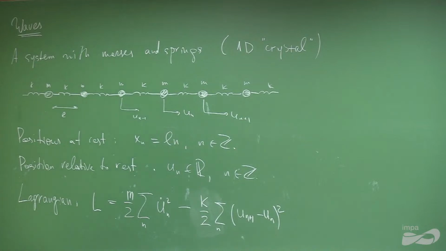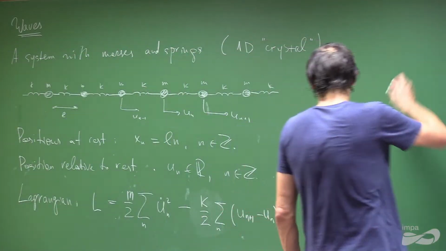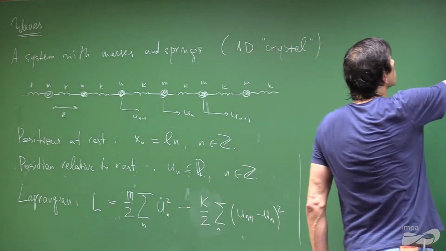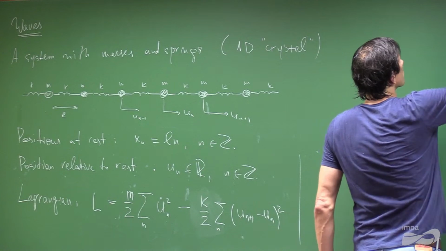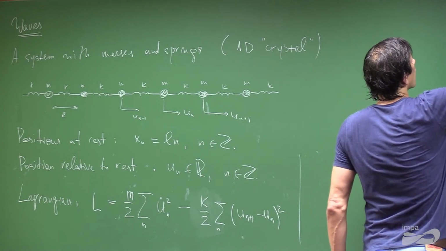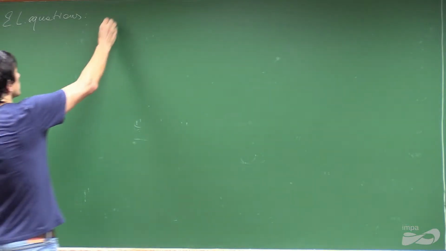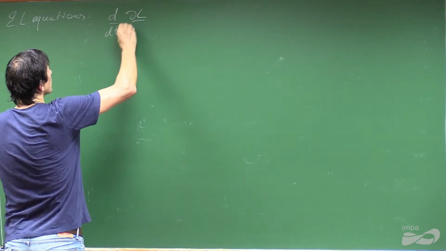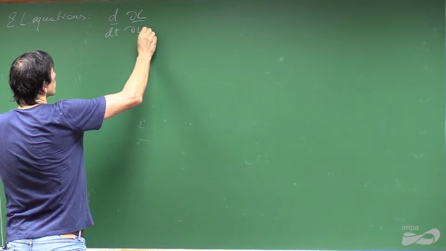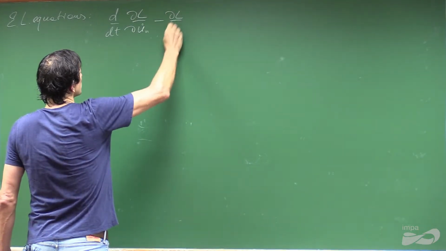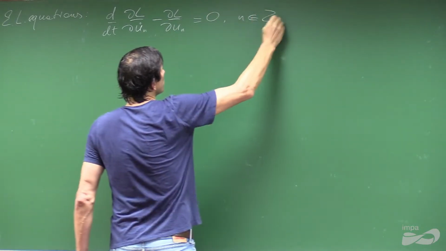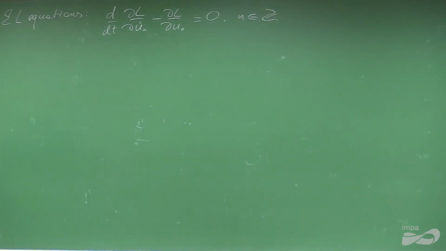Okay, so now we find the equation of motion, the Euler-Lagrange equation. Usually it's the time derivative of the partial derivative with respect to velocity, minus the partial derivative with respect to position, equals 0, for all n. So we will have an infinite number of equations.